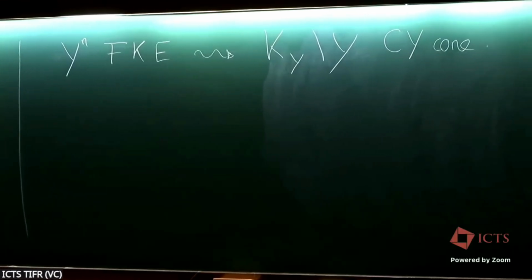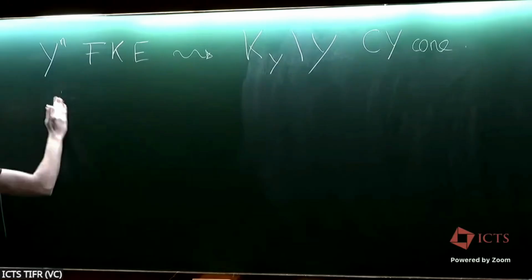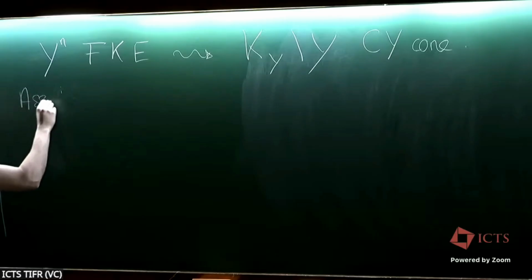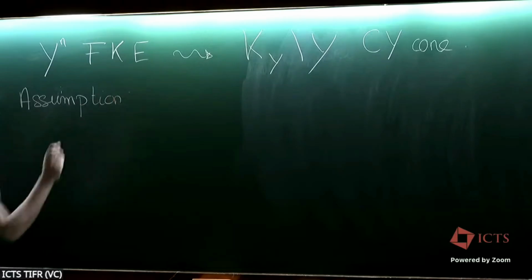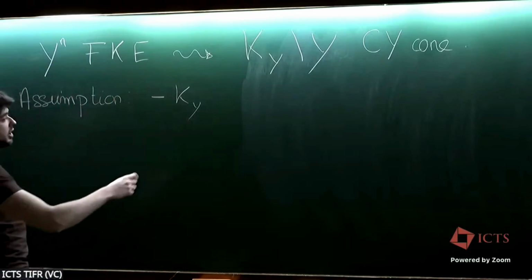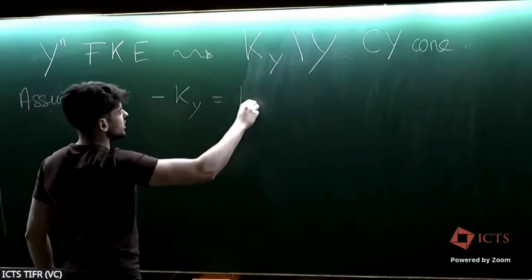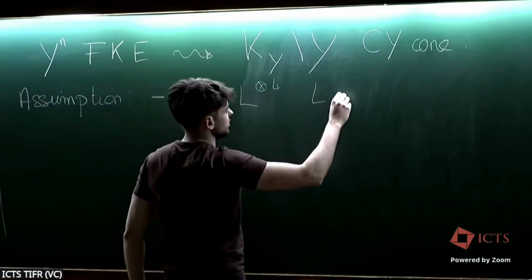And I will assume that the anti-canonical bundle, so I denote it with a minus here, is the power of some very ample line bundle.